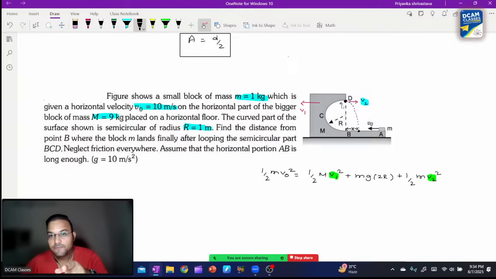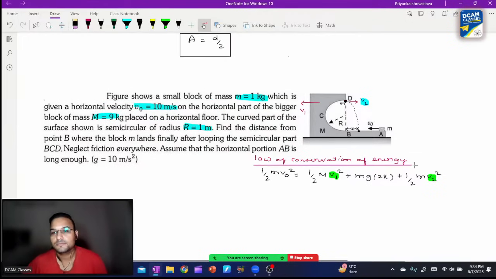This mass m velocity v2 is with respect to ground, not with respect to capital M. You are correct, we can apply the law of conservation of energy, but the problem is we need one more equation, because two variables are there.